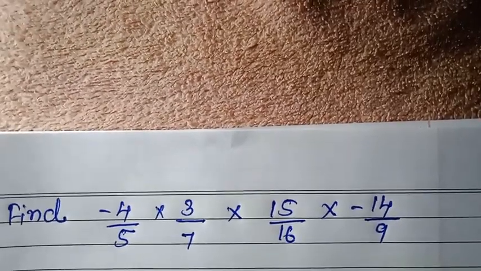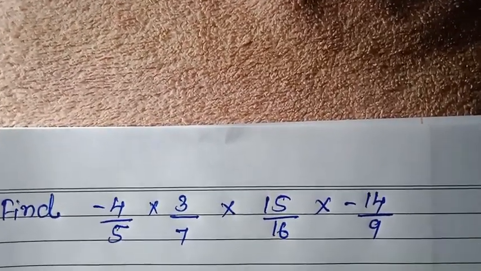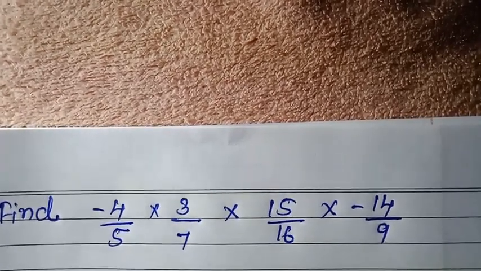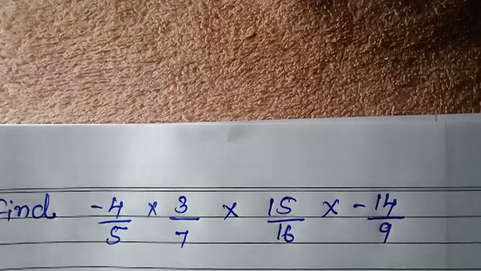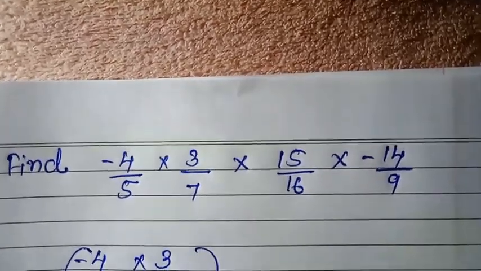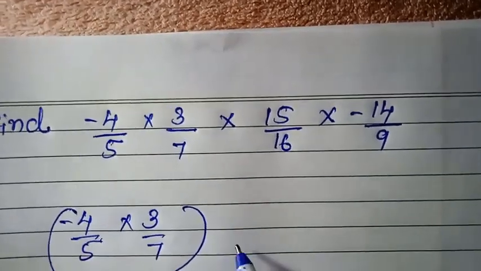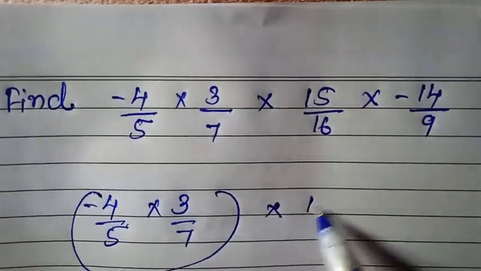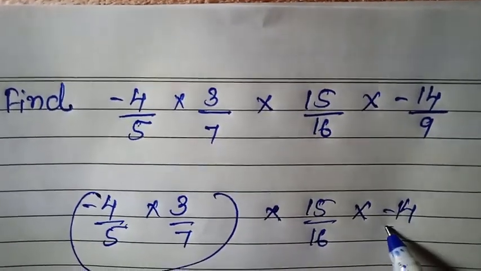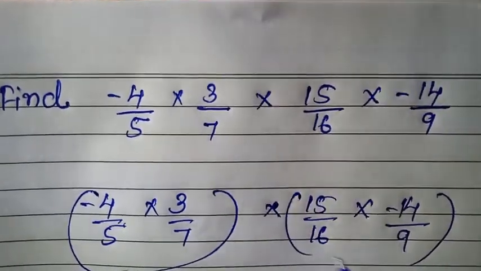Next question is find minus 4 by 5 into 3 by 7 into 15 by 16 into minus 14 by 9. So minus 4 by 5 into 3 by 7, take it as A into B. 15 by 16 into minus 14 by 9. Okay.